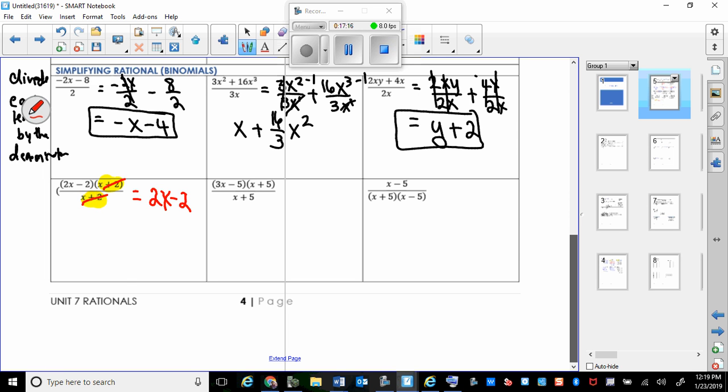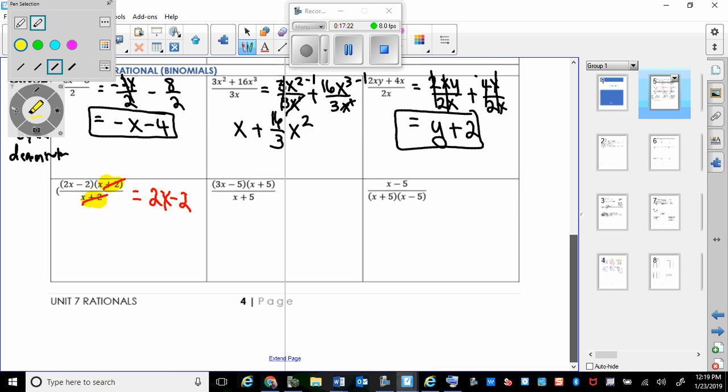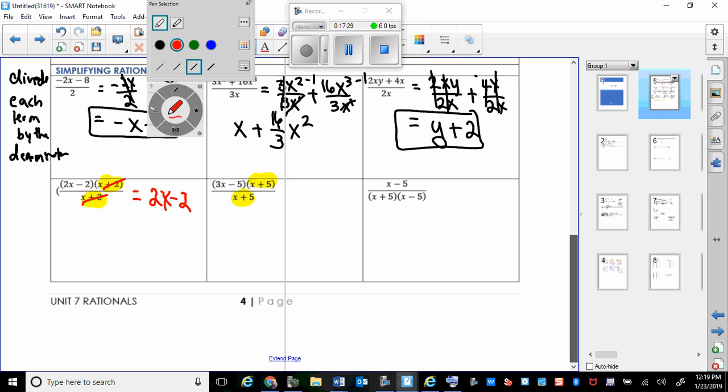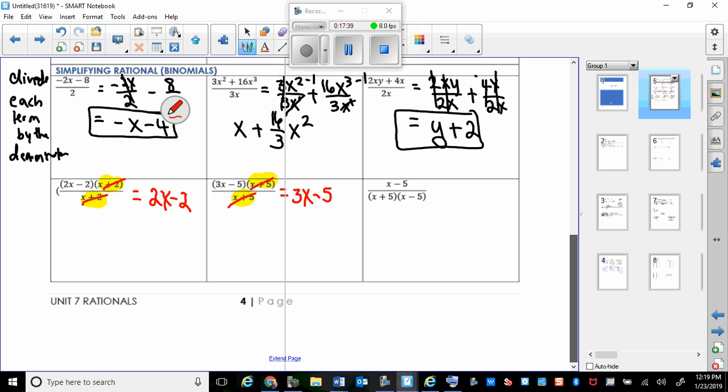So I'm looking for, I have x plus 5 on the bottom, so I'm looking for x plus 5 on the top, and that's what's going to cancel for my rational. And I have to cancel this out, so I mark it out, and I'm left with 3x minus 5. For the next one, I look for x plus 5 on the top.